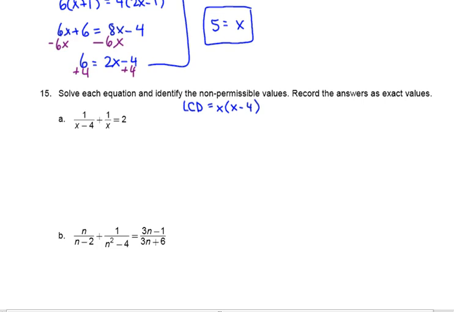Okay, that would be the lowest common denominator. So we're going to multiply each term by the lowest common denominator. So this might look familiar. X times x minus 4 times 1 over x minus 4. Oh, hello. There you go. Oh, there we go. Plus x. This is not the only way to solve. You could get a common denominator and add.